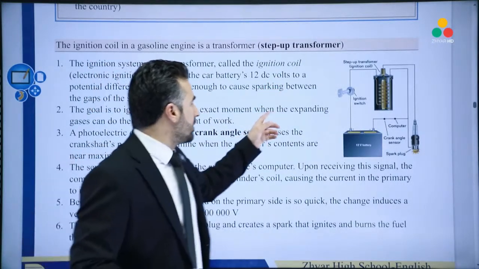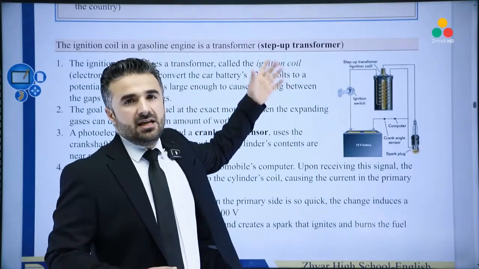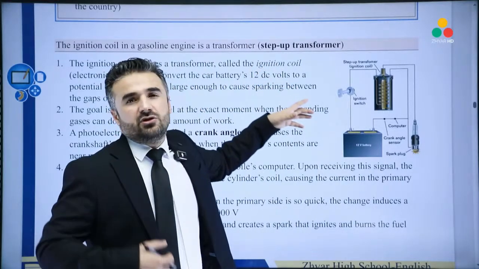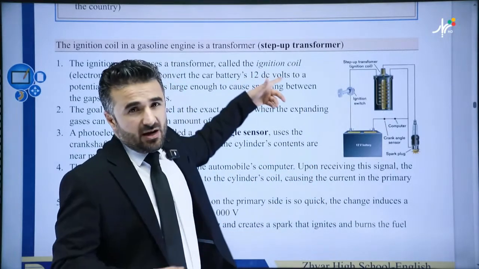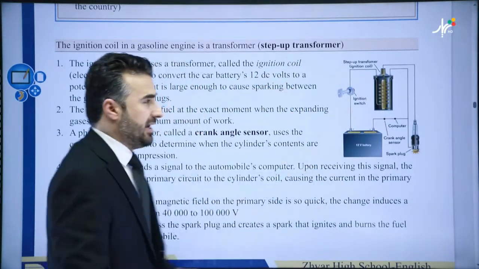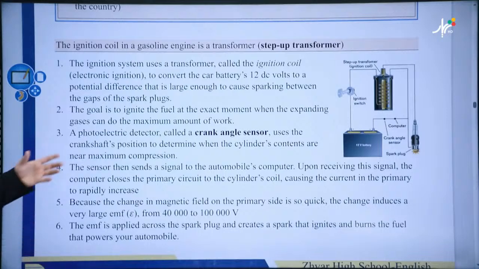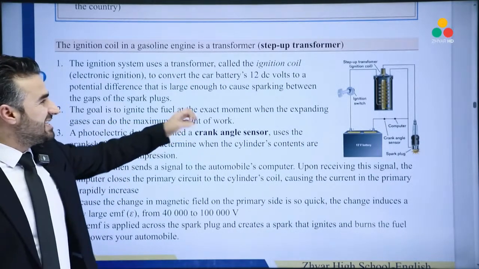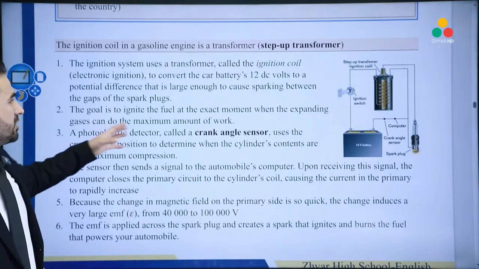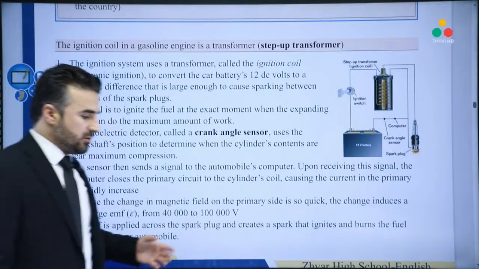So how can you convert 12 volt DC into 40,000 or 100,000? Of course, that is stepping it up, so in this case you will need a step-up transformer. So what exactly do we need to do? The goal is to ignite the fuel at the exact moment when the expanding gases can do the maximum amount of work. So when can we do that?